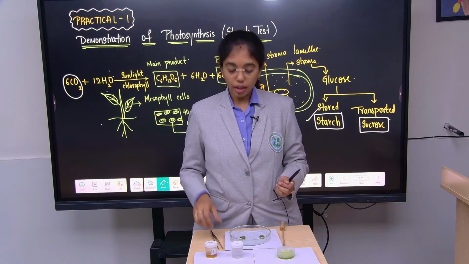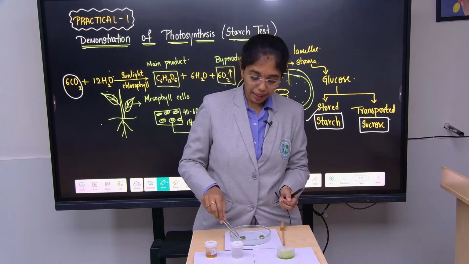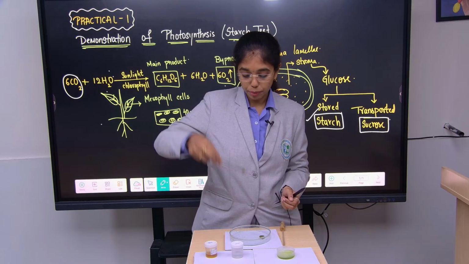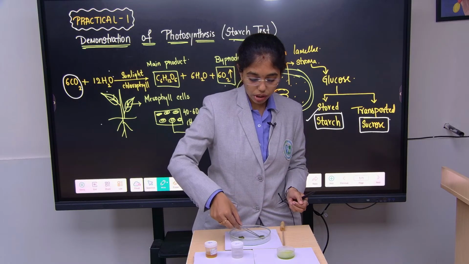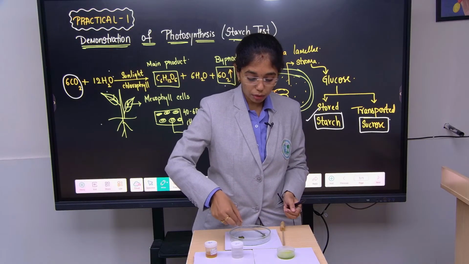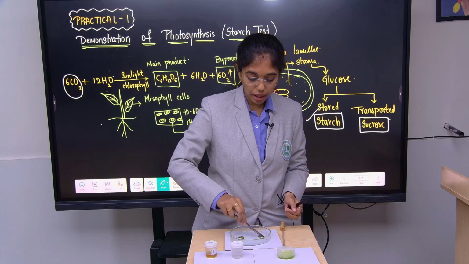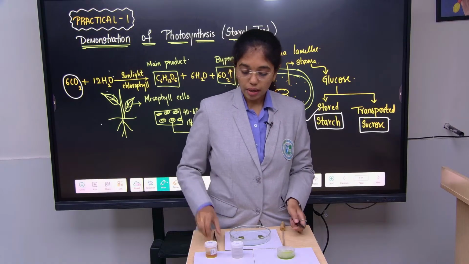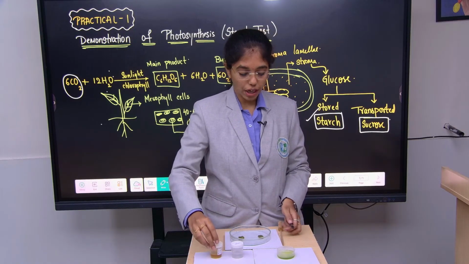Later, you have to take that pale leaf from which the chlorophyll is removed, and one more leaf which is kept in the dark. Now these 2 leaves are ready for the iodine test. Now this is the iodine solution which I have brought.